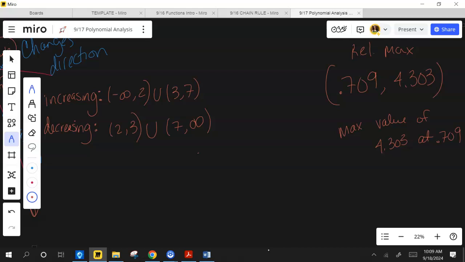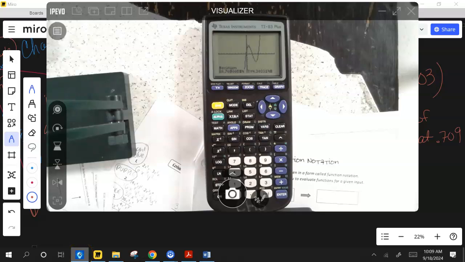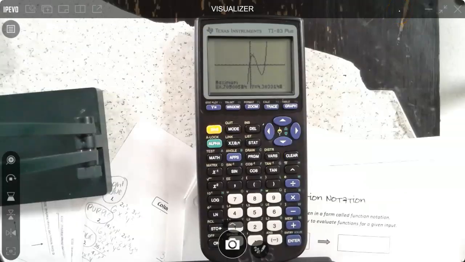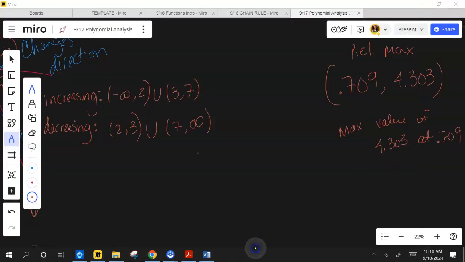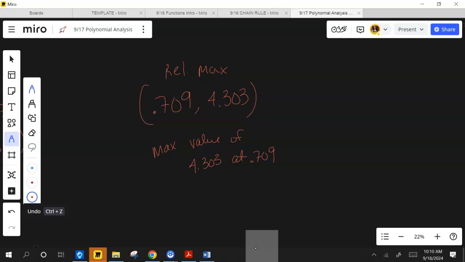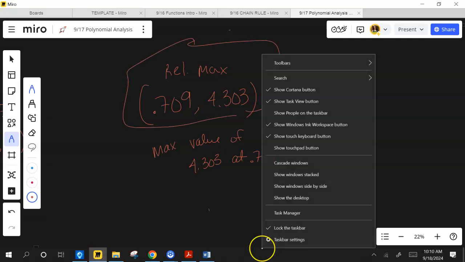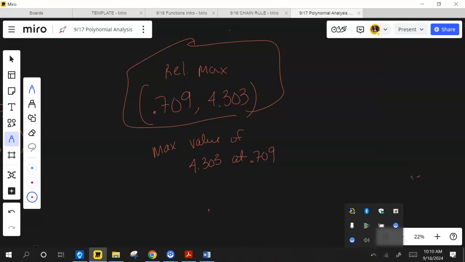You try calculating the minimum here. Yep. This is all you need to put on the relative max part. Parentheses. Always, if it's a point, it's just a point.